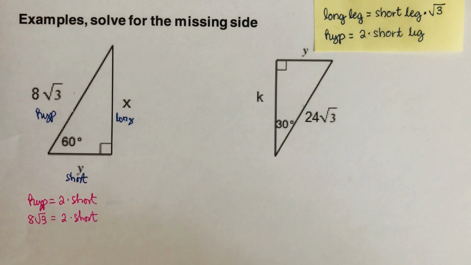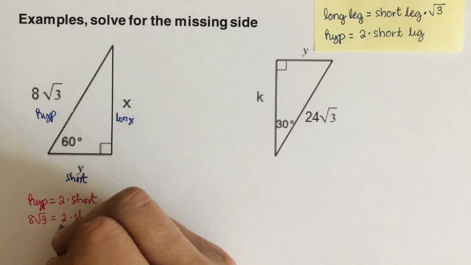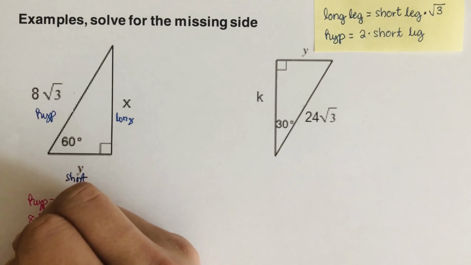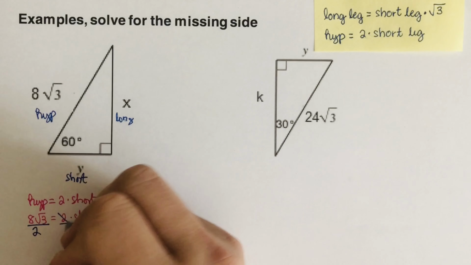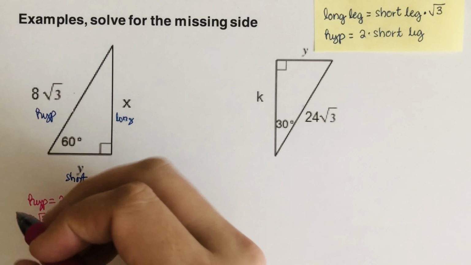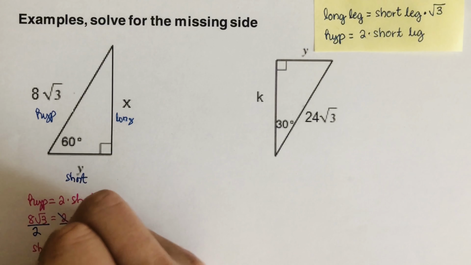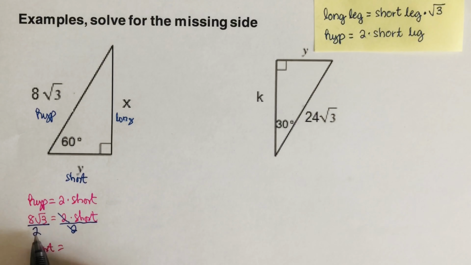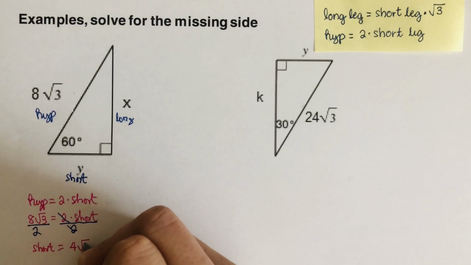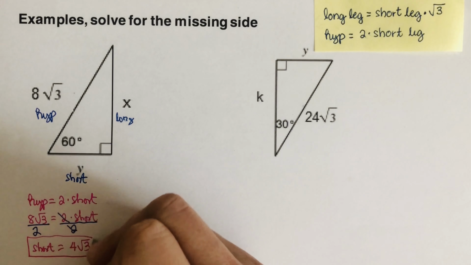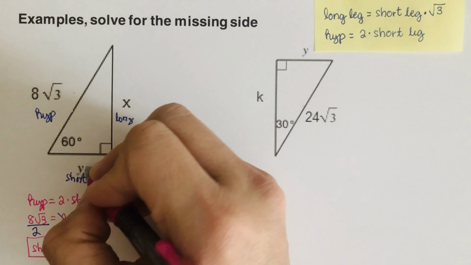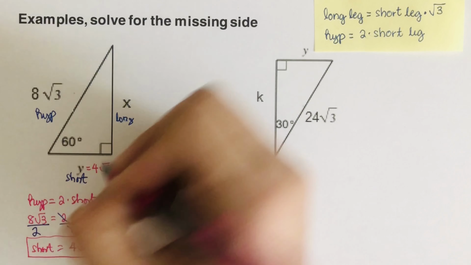So what we are going to do is divide both sides by 2 so that we have short by itself on the right side. So divide this by 2. I cross that out. So that means short is equal to 8 divided by 2 is 4. So that's 4 square root of 3 is our short. So the short is 4 square root of 3.